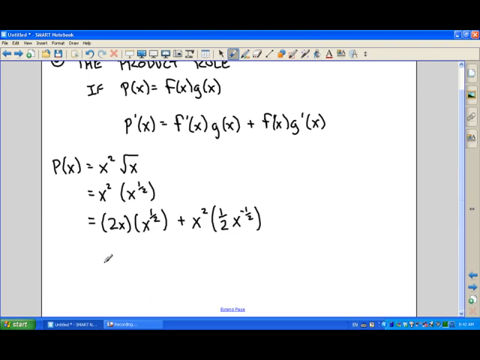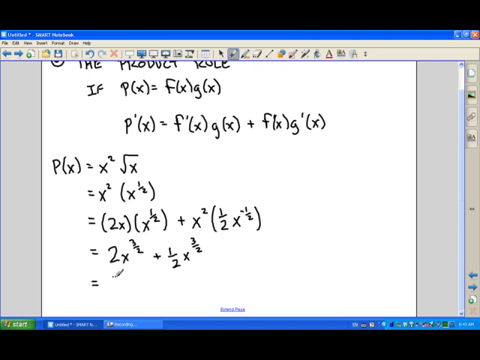And then I simplify. So here I end up with 2x to the power of 3/2 plus 1/2 times x to the power of 3/2. And now I have some like terms that I can add together.